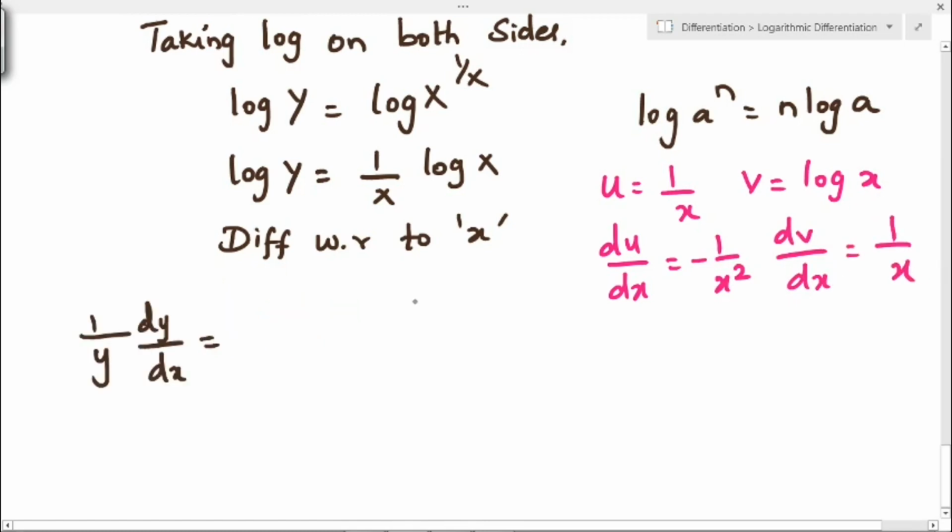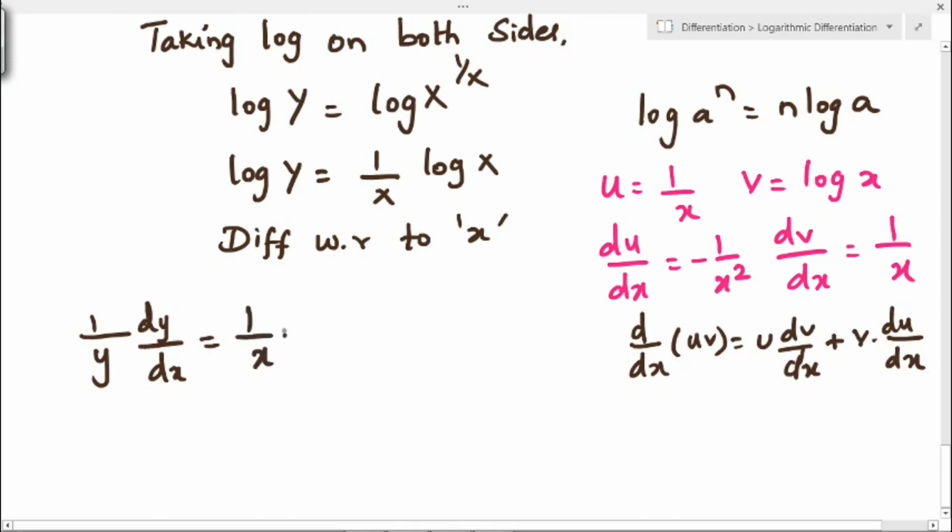Now substitute the values. We have to use the product rule, that is d by dx of uv equal to u into dv by dx plus v into du by dx. So first term u, that is 1 by x, into dv by dx, that is also 1 by x, plus v, that is log x, into du by dx, that is minus 1 by x square.